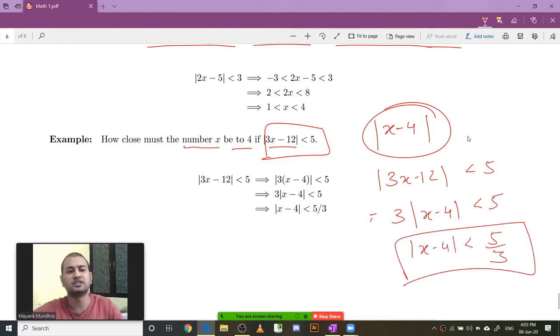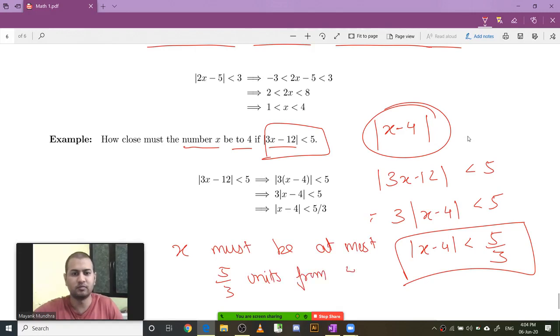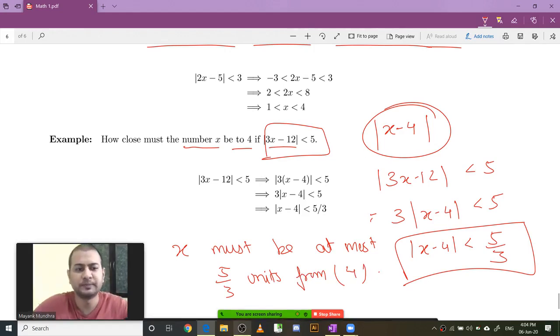So x must be at most 5 by 3 units from the point 4. This is how you can do this.